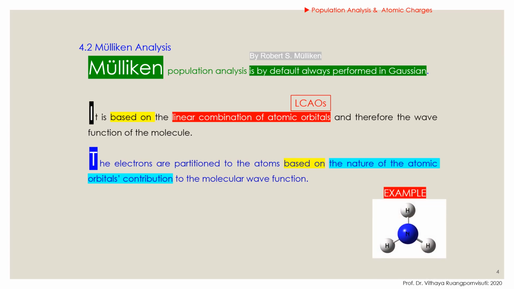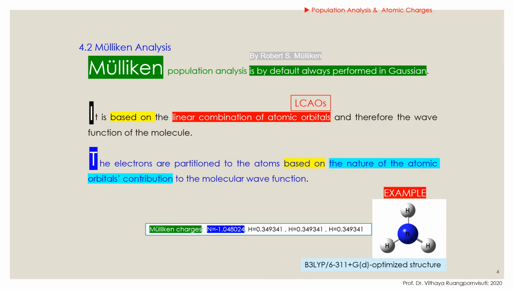For the example of the molecular population analysis obtained from the calculation of the DFT method B3LYP using the 6-311+G basis set of the ammonia molecule, the result: the molecular charge for the nitrogen is equal to minus 1.048 electron.